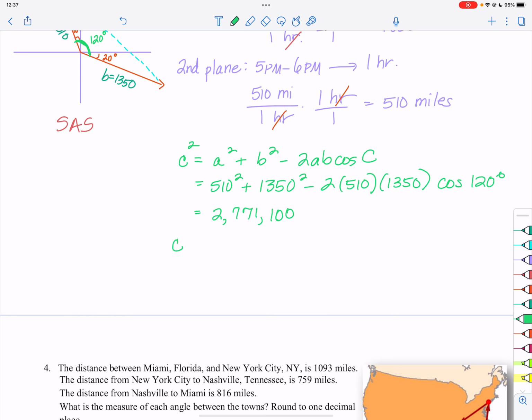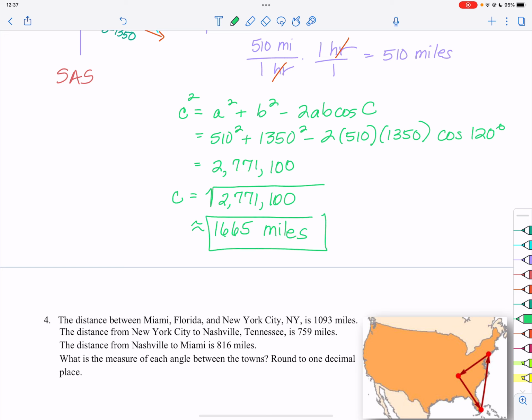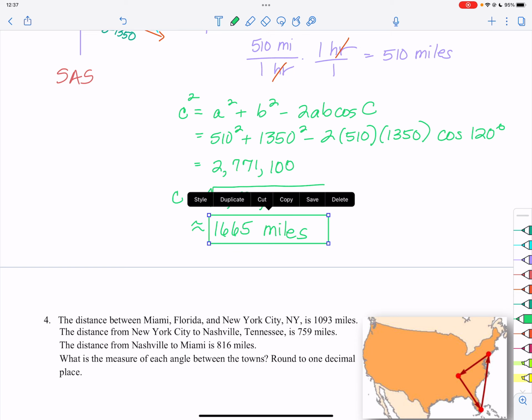So if you take the square root of that distance, we'll have approximately 1,665 miles. And that's how far apart the planes are at 6 p.m.